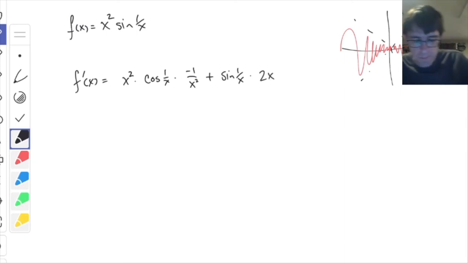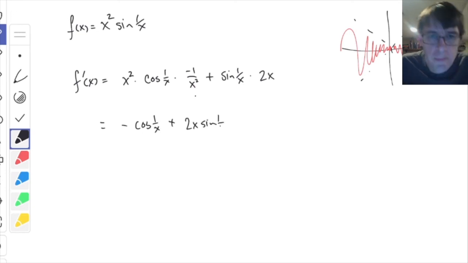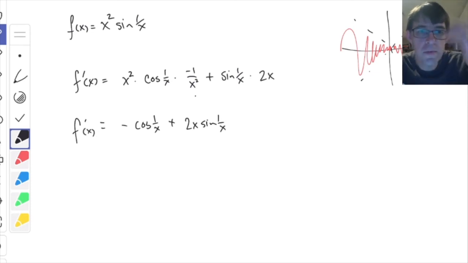We can simplify a little bit, since I have x squared on the front. This is going to be negative cosine 1 over x plus 2x sine 1 over x. This is the derivative of that. I hope I did the product rule and the chain rule right.